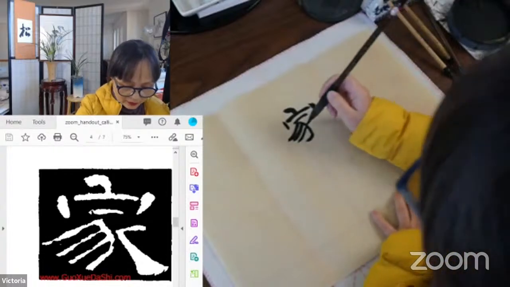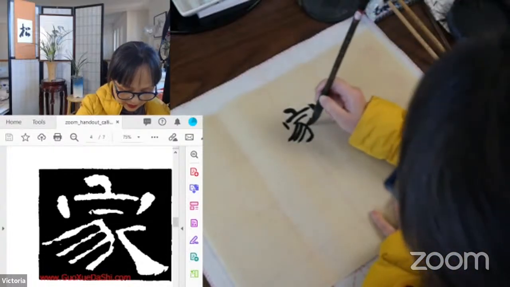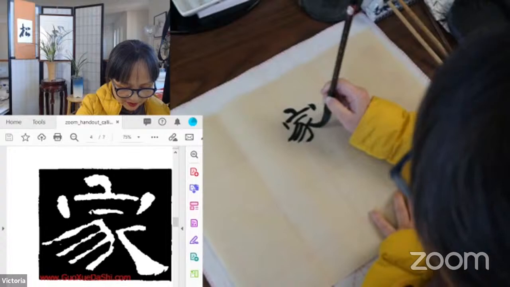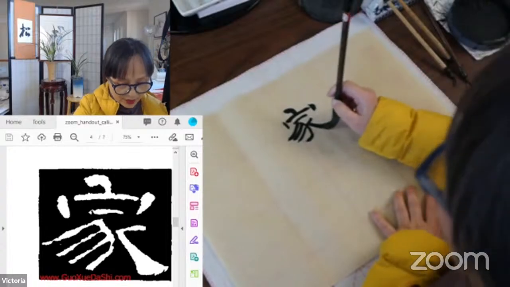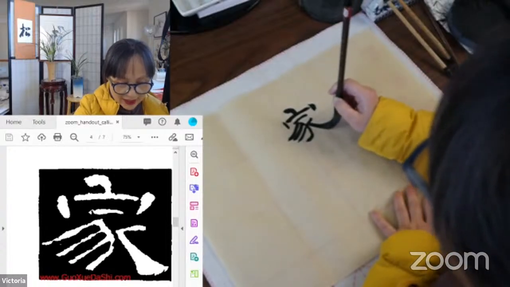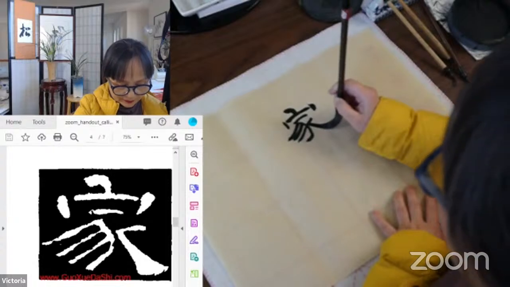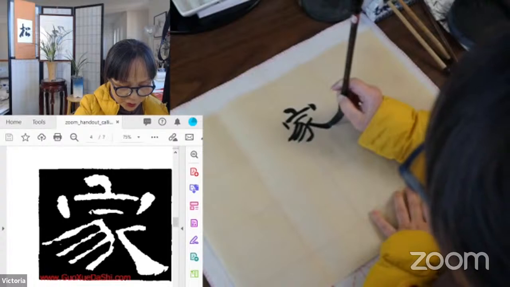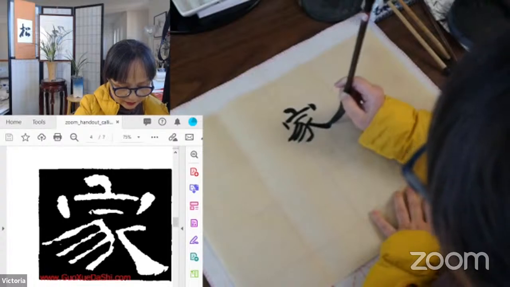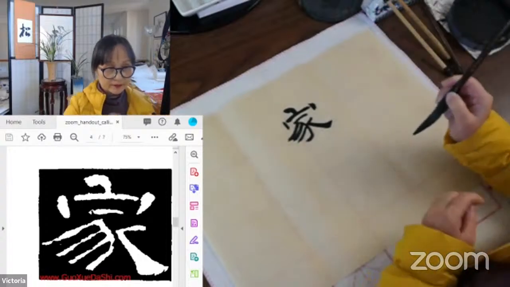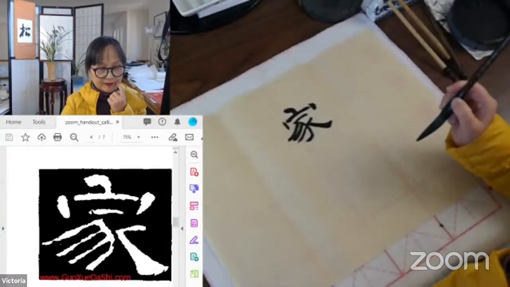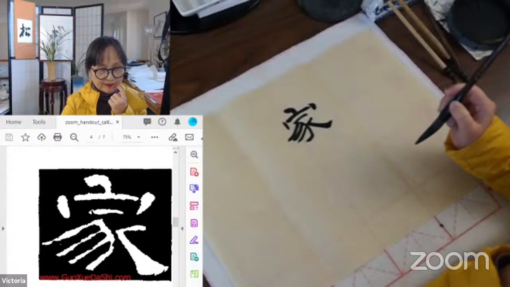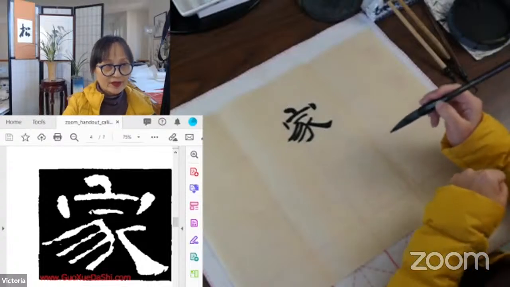Okay, and ready to go big, like the goose tail flying thing. Press, press, press. Gradually lift. But don't go too far. Don't sweep.